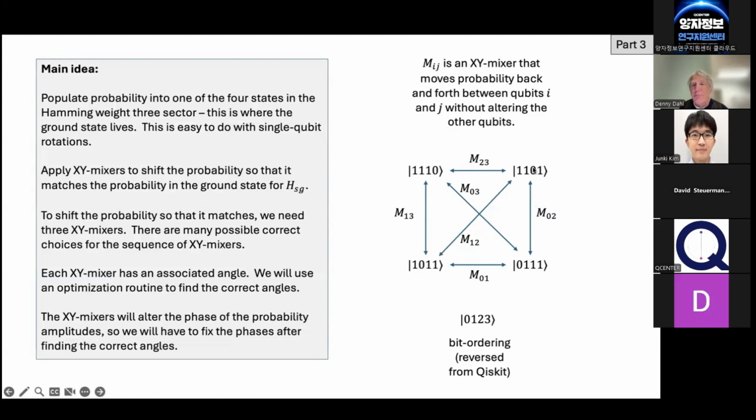So my sequence of mixer operators was M03, M01, M02. And then the tricky part to this exercise is figuring out the angles that you need to supply to each of these mixers so that you move the correct amount of probability into the target state.